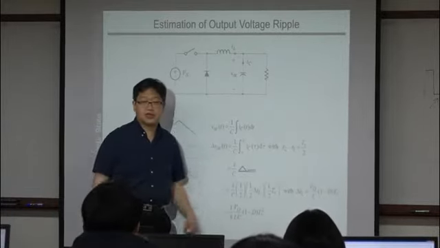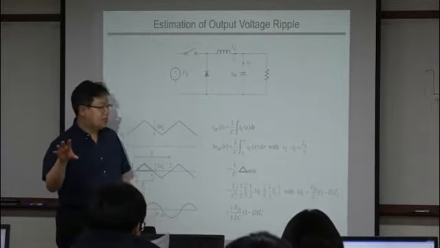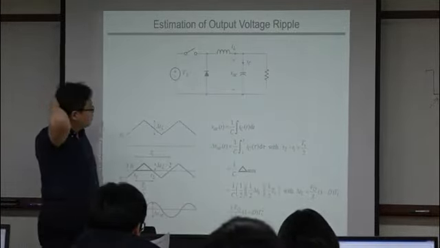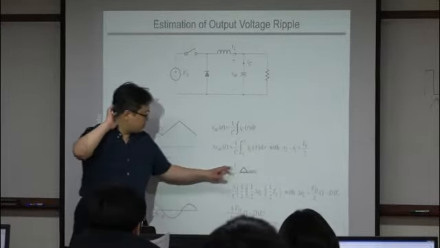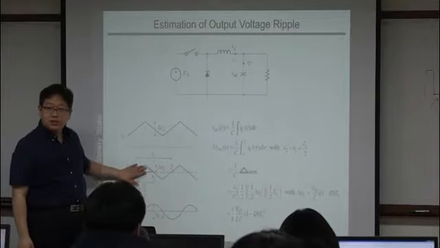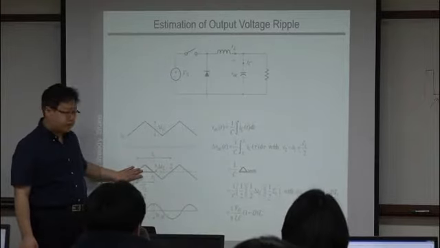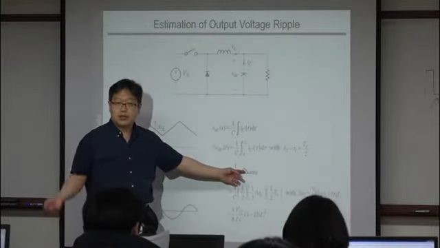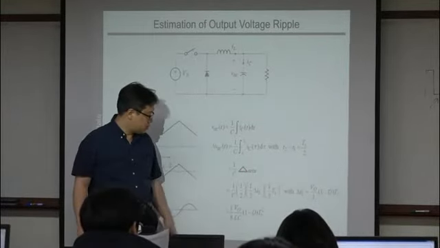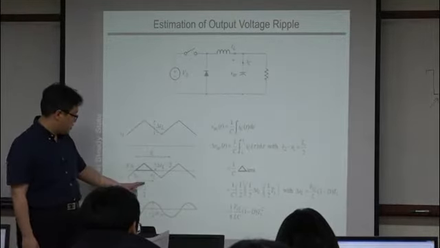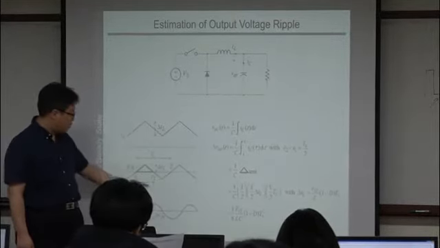Like this. That is just half of the switching period. Then we know that integration of a waveform means the area of this triangle. Then you can simply apply the formula to calculate the area of the triangle. So you have 1 over 2. Then what is your x? It is Ts over 2. And what is your y?